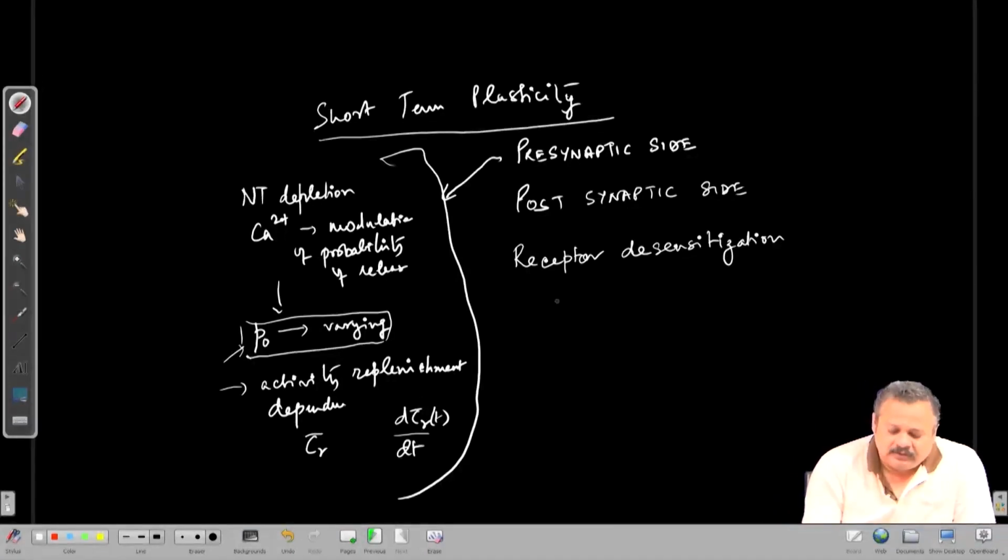If so, again we extend the same kind of differential equations to model that, and here we will say that d(t) is the pool of non desensitized receptors.